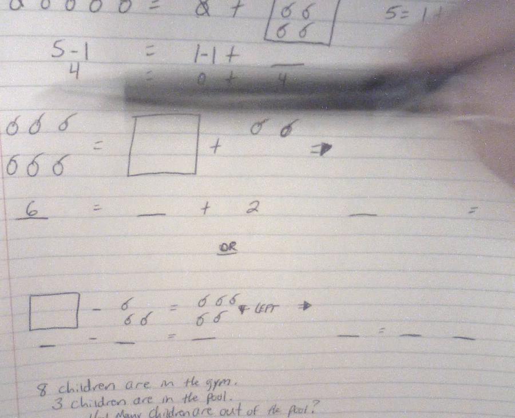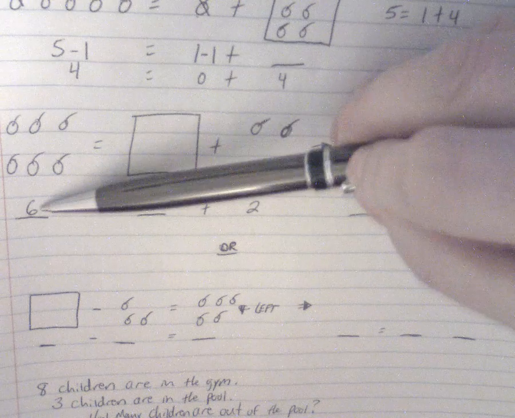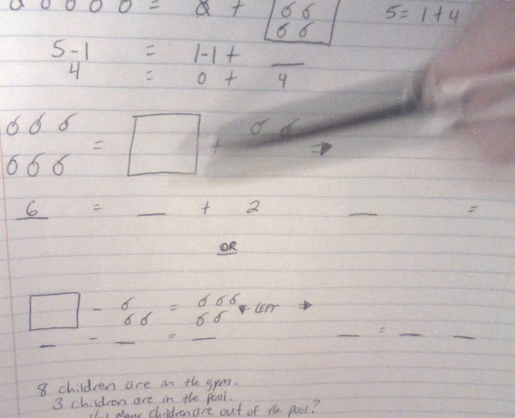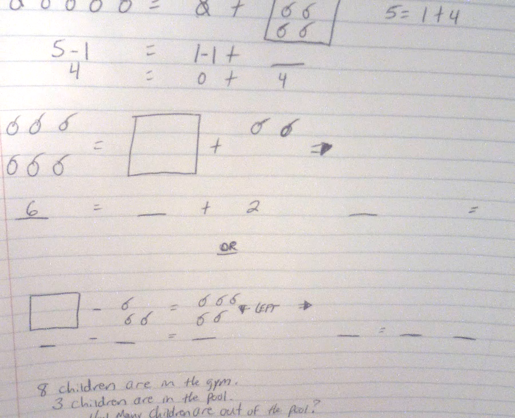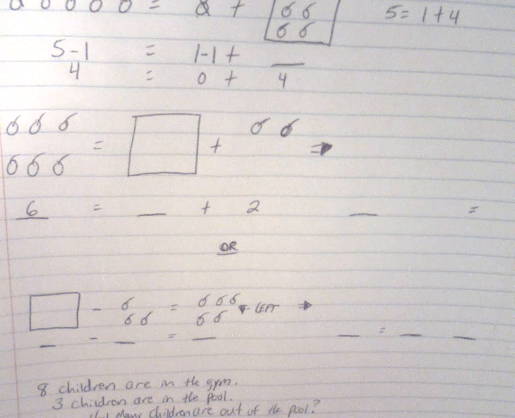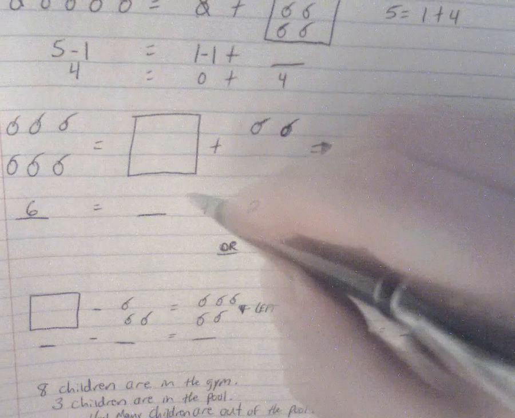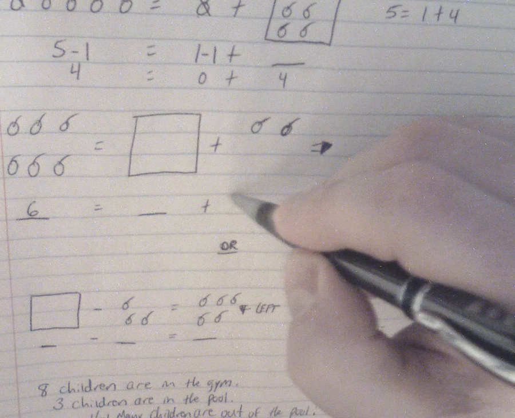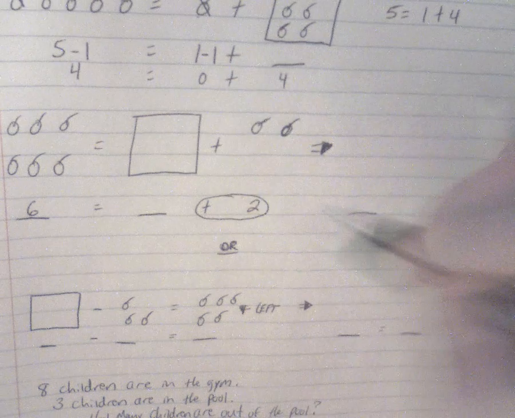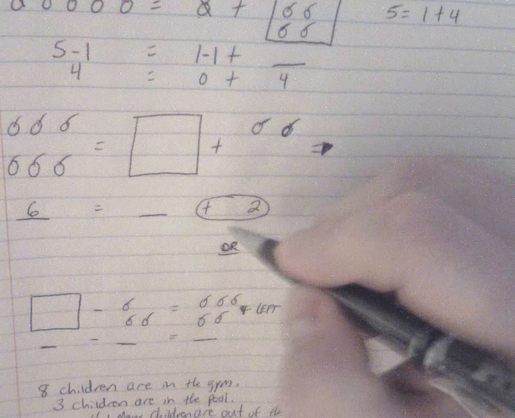Okay, so we start out with 6 apples on this side, and it equals, we don't know, plus 2. Okay, and so what I'm going to do is take this right here, and move it across the equal sign.